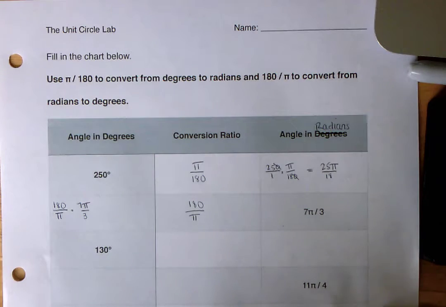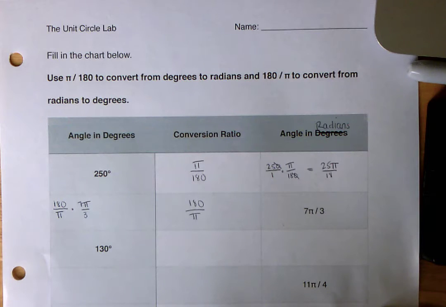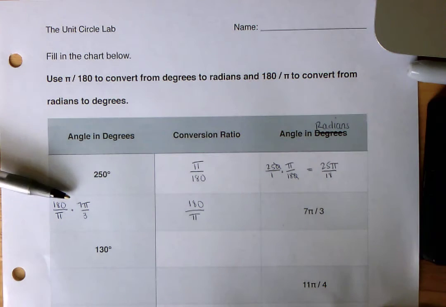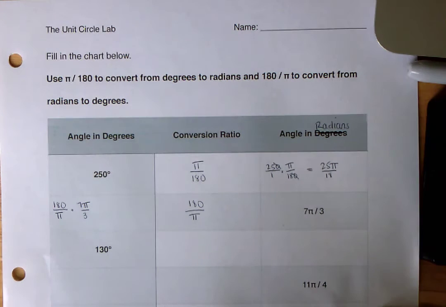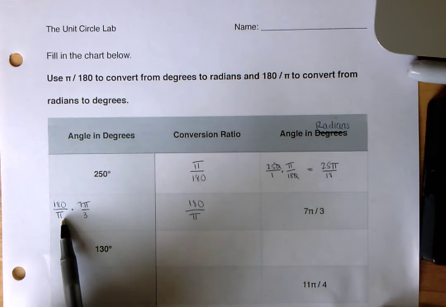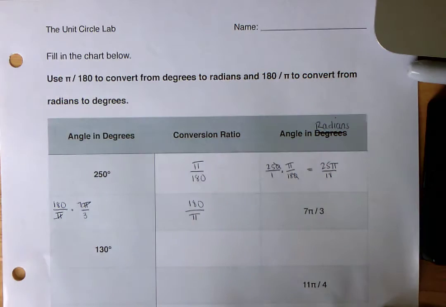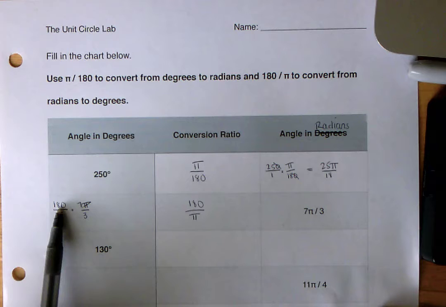And again, these are really helpful when you can't find an angle on the unit circle. Some of these are not on the unit circle. So when you simplify this, you see there's a pi on the top and a pi on the bottom, so those pi's cancel. Then I can reduce this a little bit too.